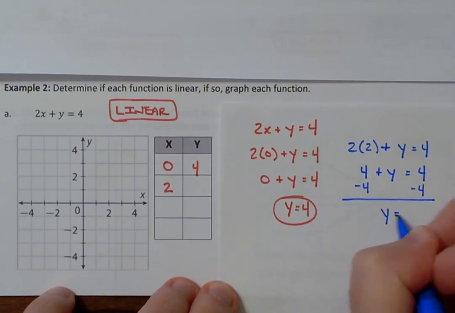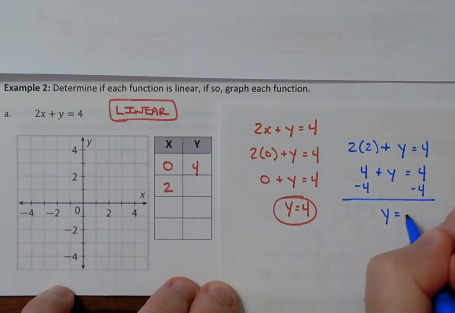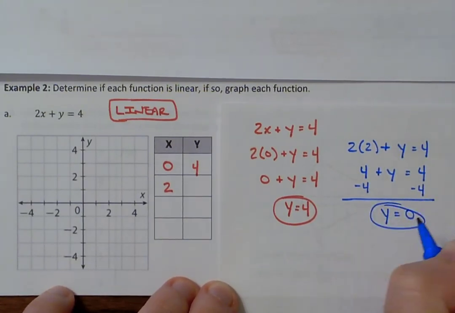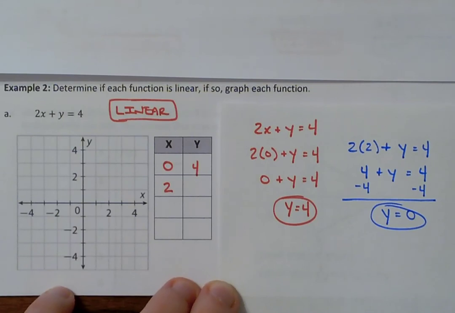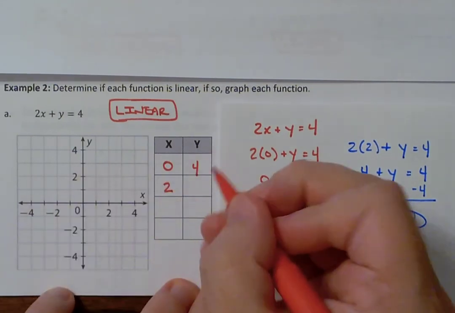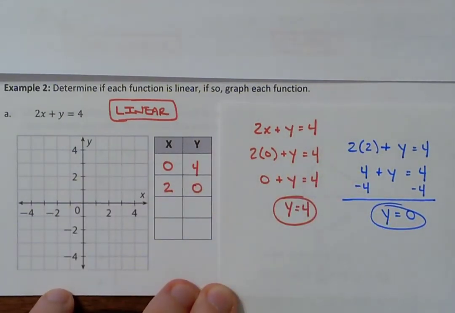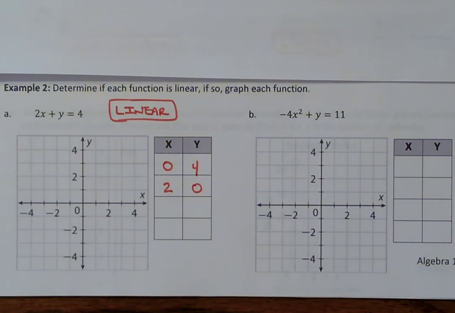And I end up with y equaling 4 minus 4, which is 0. So y is going to equal 0 when x equals 2. So I have my 2 points. By all means, if you want to go through and plug in more points, say 1 and 4 or 3 for x, you can. I only need 2 points to form a line, so I have my 2 points now.